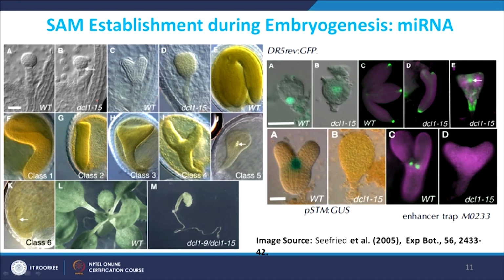So if you have a mutant, microRNA pathways are getting disrupted, and in the mutant background proper embryogenesis is not taking place. At this stage, the double mutant has unorganized growth or development. There are different classes of phenotype, but eventually the proper organization and maintenance of the shoot apical meristem is not happening in this mutant background.